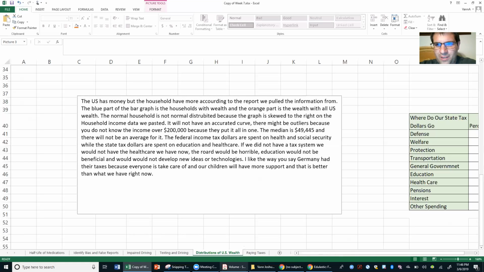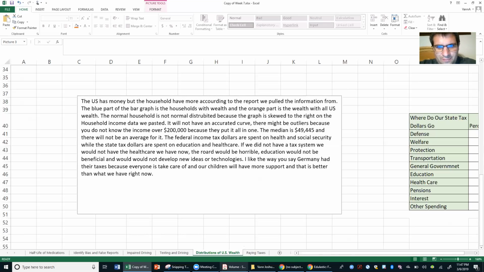There might be outliers because you do not know the income over 200,000 because they put it all in one. The median is 49,445, and there will not be an average for it.